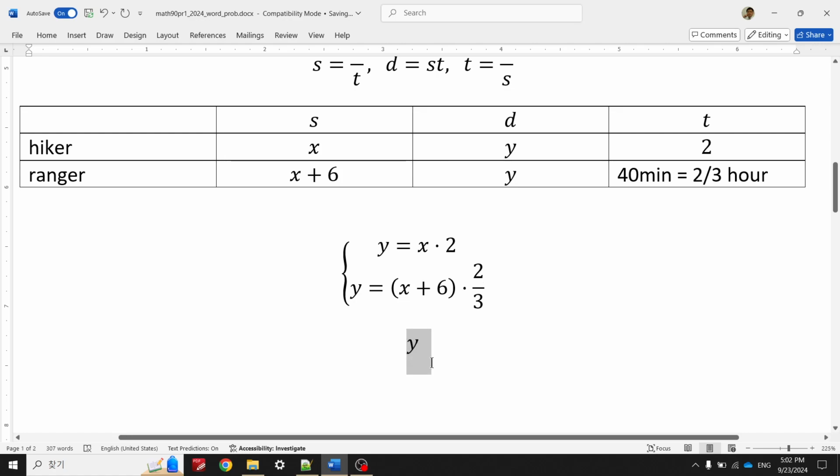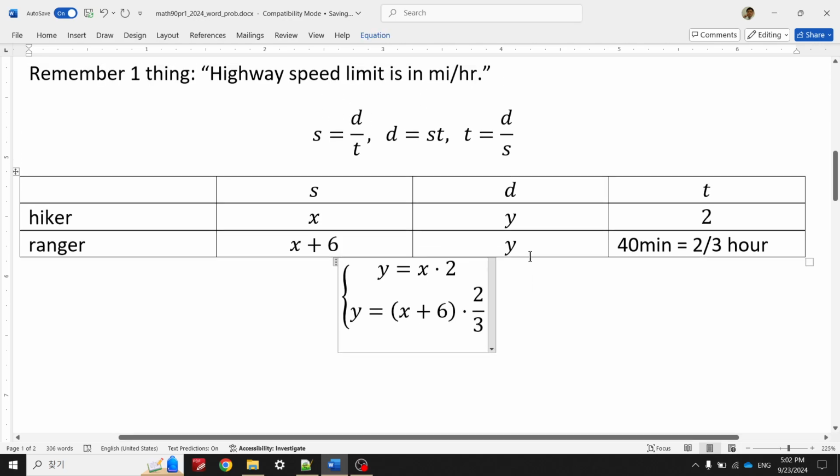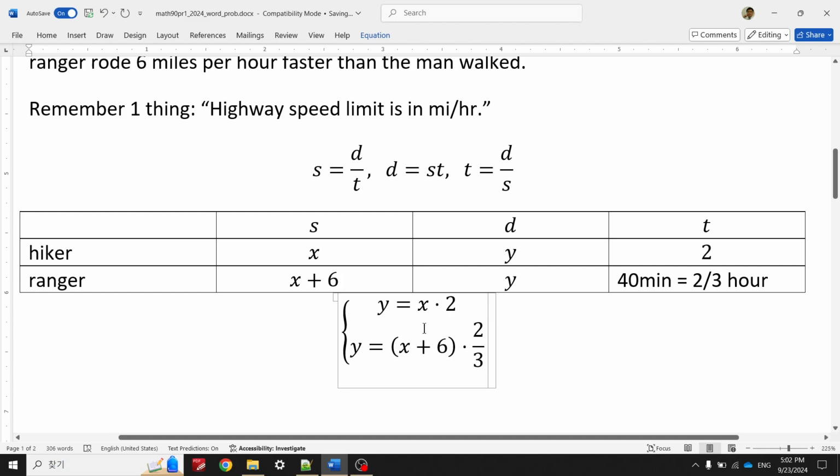Okay, so we got this system. And we got it by applying this equation to each row. We have three equations to apply, but the middle one is our choice because this one doesn't have any fraction, whereas the other ones do have a fraction. Okay, so it's a system of equations. We have two equations with two unknowns. Great, that means we can solve it.